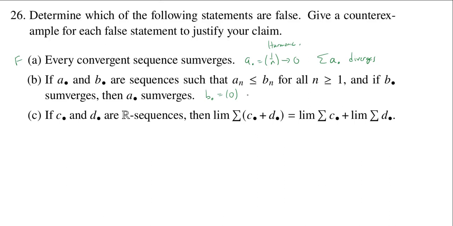This certainly converges, right? It converges to 0. But if you add them all together, you're still just getting 0. And then if I let my A equal the sequence negative n, well, this sequence doesn't even converge, much less sum converge, right? So this diverges and the sum diverges.